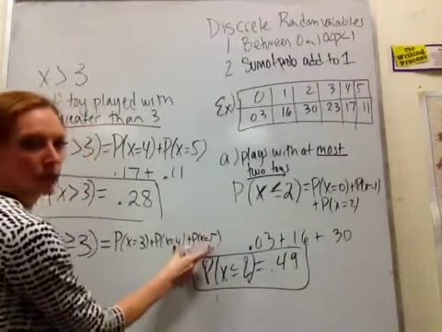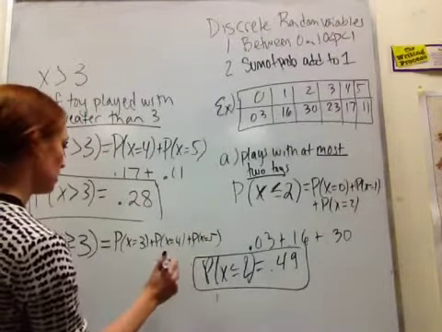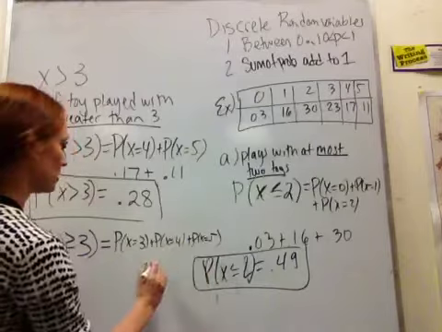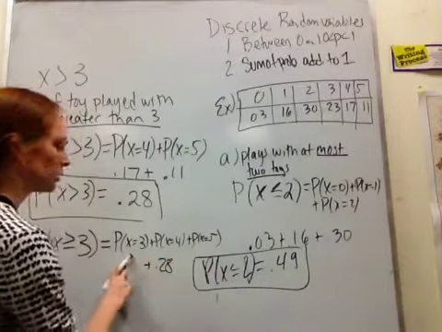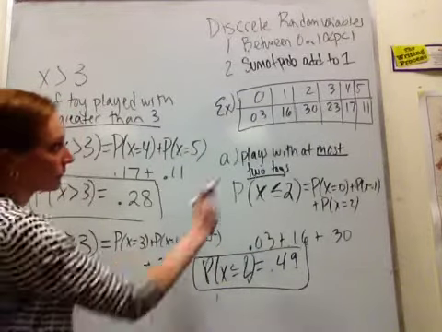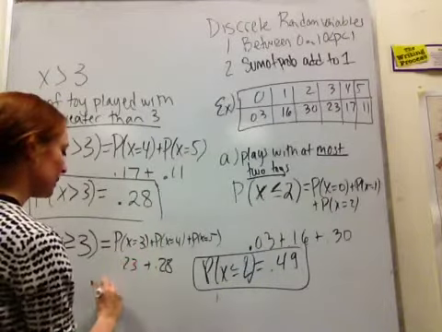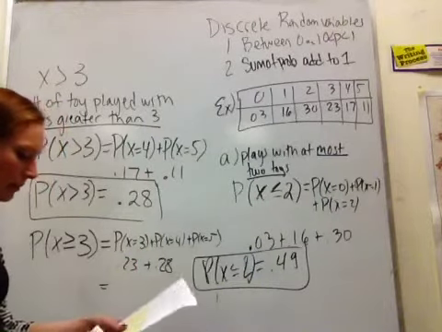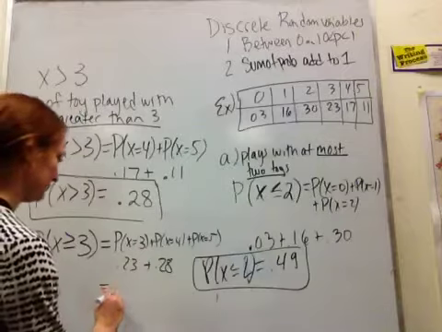I already know the probability of playing with 4 toys and 5 toys is 0.28. So let's just add it to the probability they play with 3 toys, which is 0.23. We add those two together and we get a probability of 0.51.